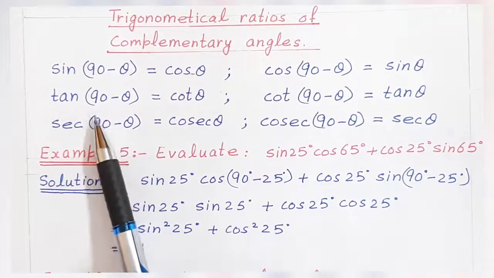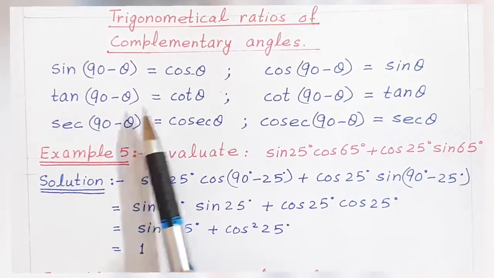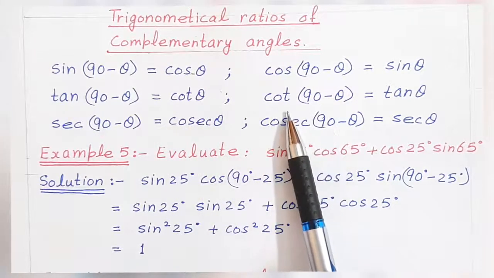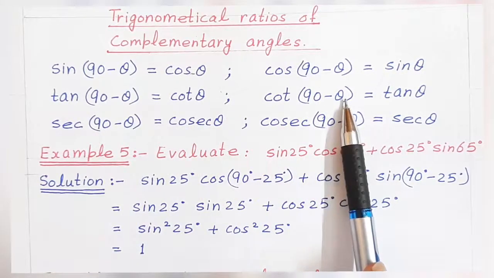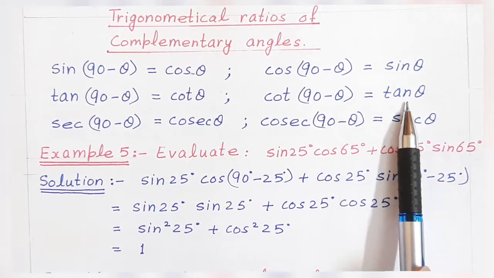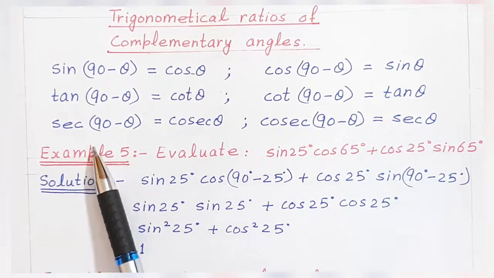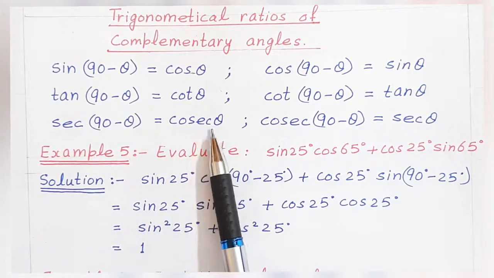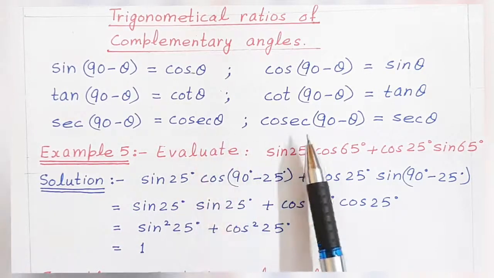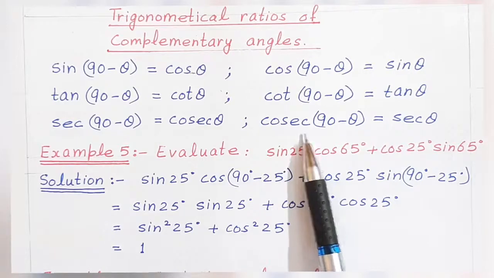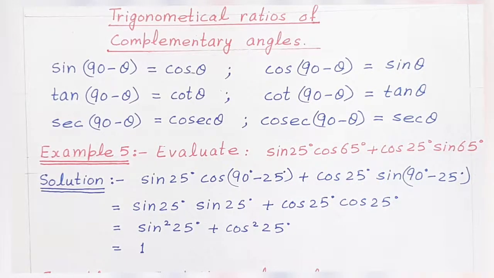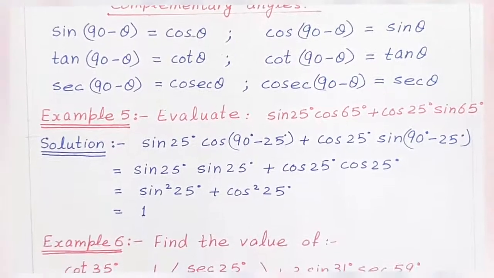Tangent 90 minus theta is cot theta and cot 90 minus theta is tangent theta. Similarly, secant 90 minus theta is cosecant theta and cosecant 90 minus theta is secant theta. I hope it is clear to everyone now.